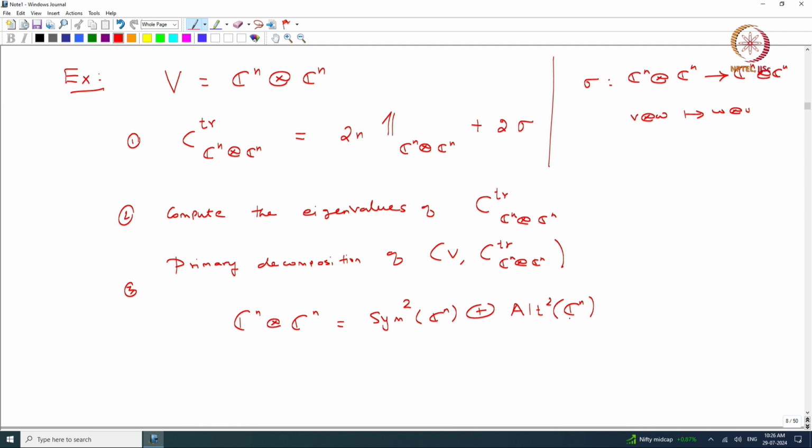Okay. We already know that both of them are G modules. So the primary decomposition of this Casimir operator is going to give you C^n tensor C^n as a direct sum of these two representations, as G modules.